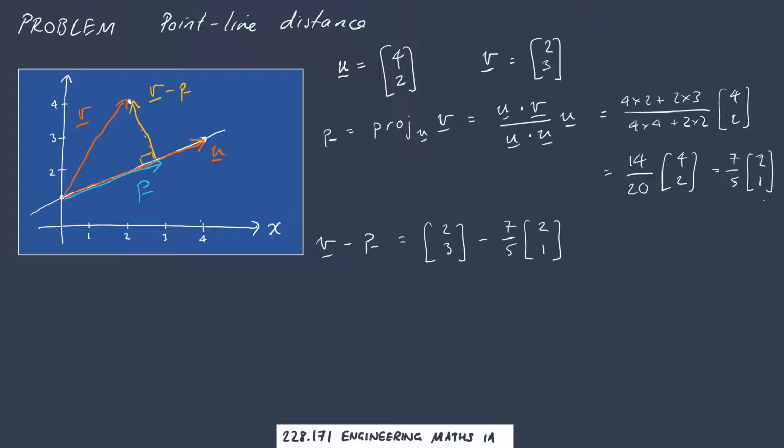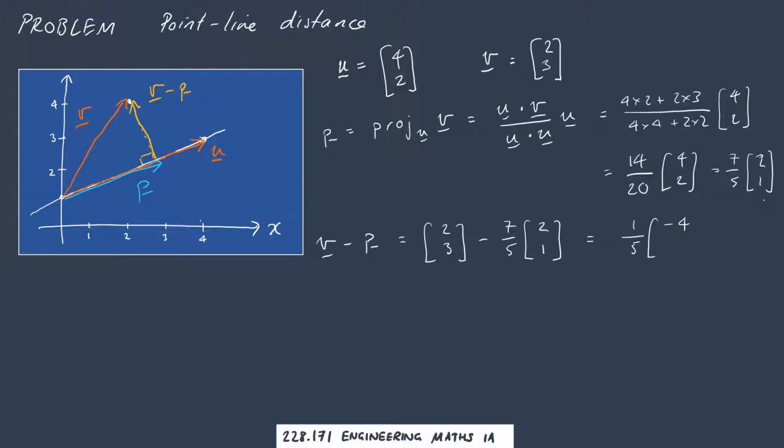So I'm going to be working with fifths here, so I'm subtracting 14 fifths off the top, and I guess 2 is 10 fifths. It's going to be something like -4 for this one. You can check this algebra yourself in your own time. Maybe even pause the video and just double check I'm doing this right.